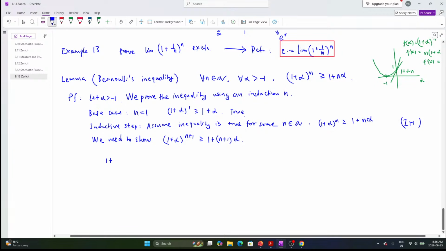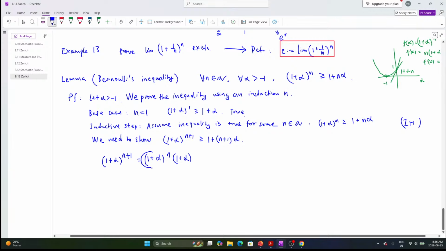Then that's a great indication that the proof is wrong. The inductive step must use the induction hypothesis. Otherwise, there's a great chance that the proof is false. Okay, so to make use of this inequality, it's natural to break the n plus 1 power into 1 plus alpha to the n times 1 plus alpha.